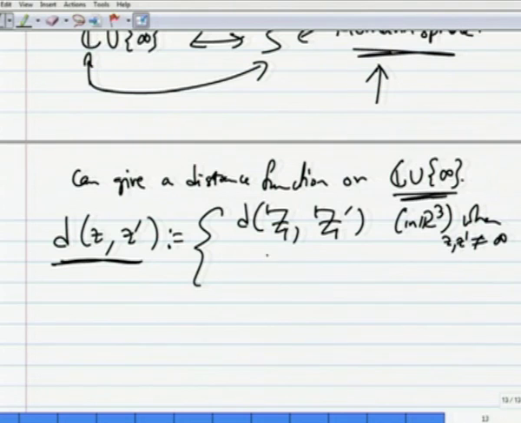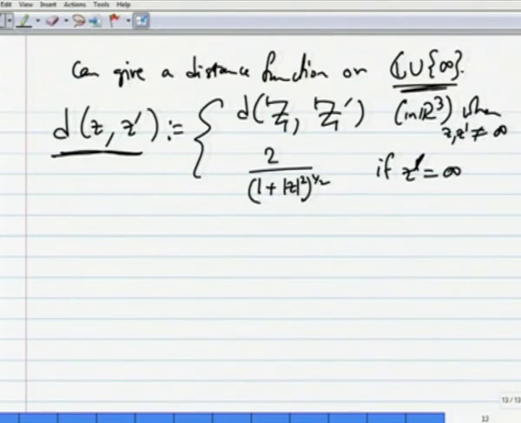What you do is you define this to be 2 by 1 plus modulus of z squared, power half, if z prime is equal to infinity. And if z is infinity, of course, you have 2 by 1 plus modulus of z prime squared, power half.